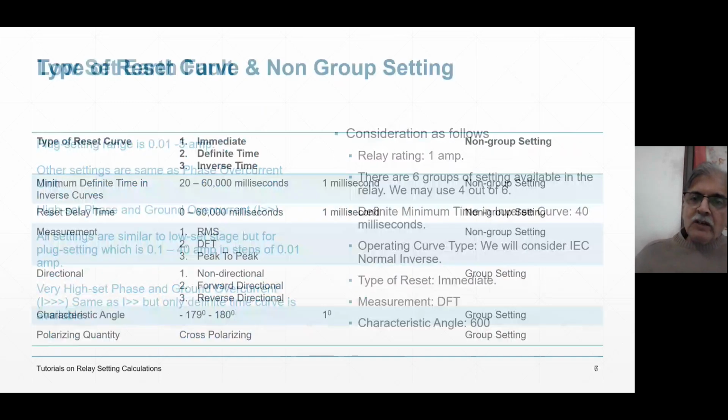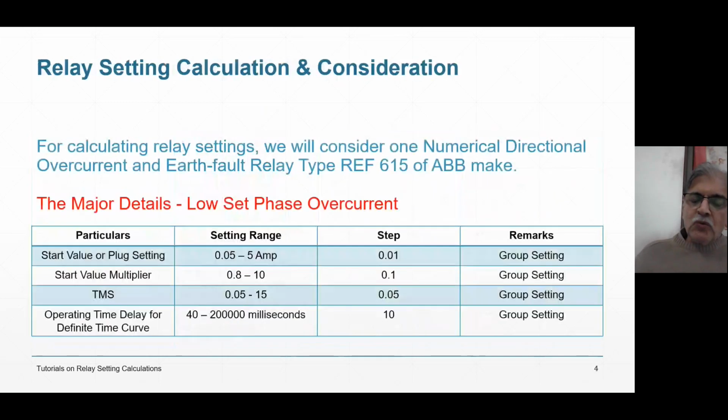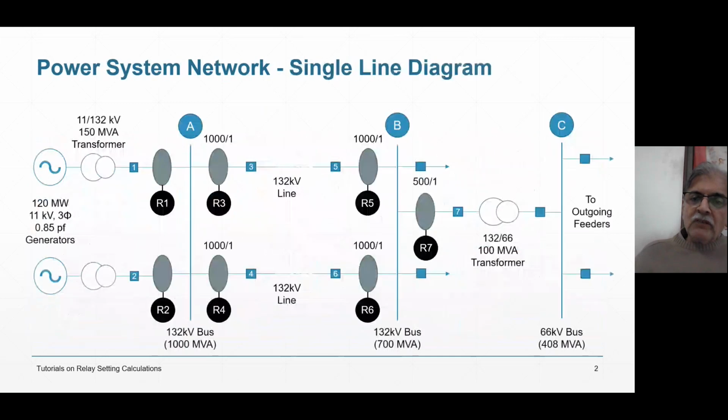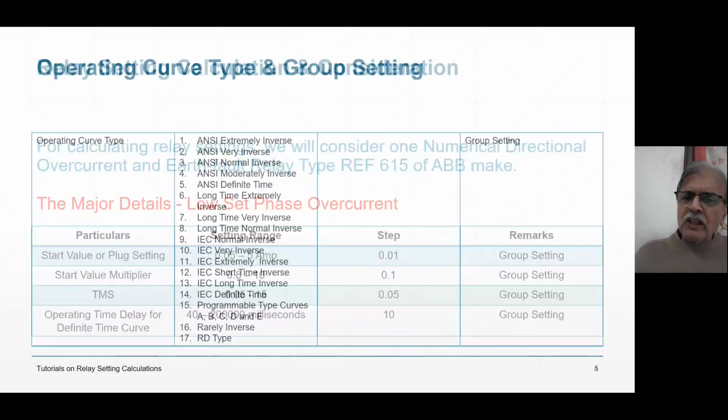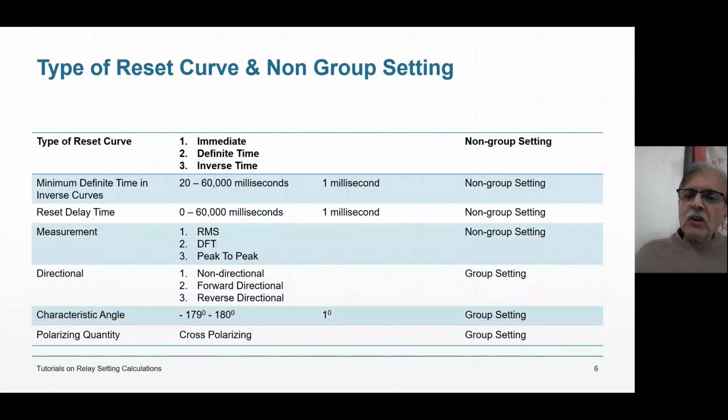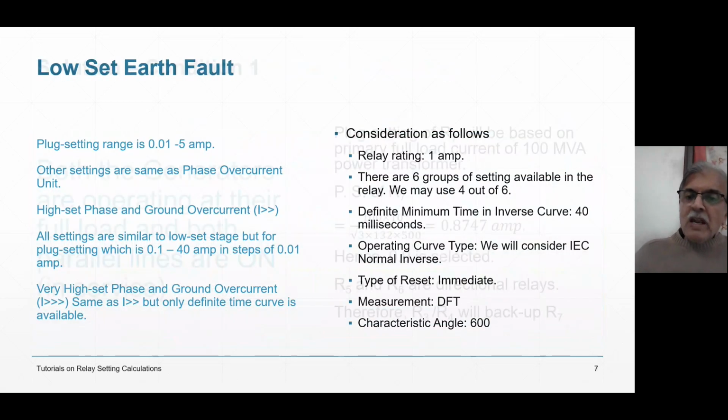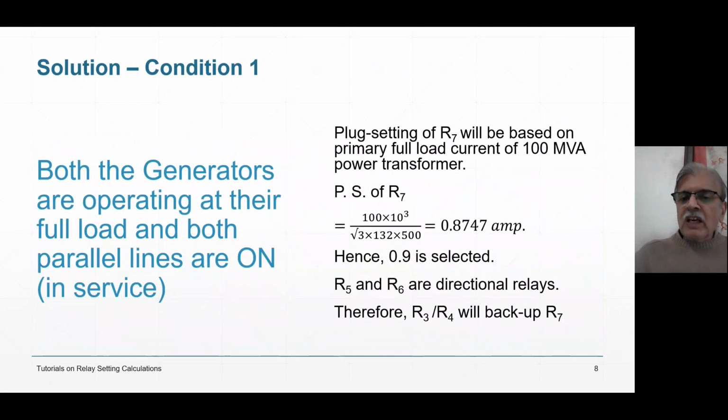I will take you to the figure: R7, primary side of the 100 MVA transformer. That's what we have done earlier also, so nothing new. So plug setting of R7 is based on the 100 MVA transformer, which is 0.8747, so 87.47%.